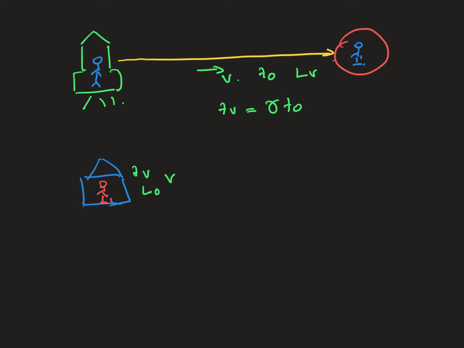From his thought experiments, he derived a formula that gamma is equal to 1 over the square root of 1 minus v squared over c squared. Here v is the speed of the spacecraft and c is the speed of light, and you have to get the square root, and 1 over that is gamma.